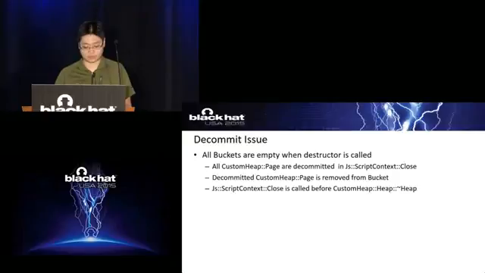And the function JS script context close is called before the destructor. So when we reach the destructor, all the buckets will be empty. The one we overwrote is no longer there.